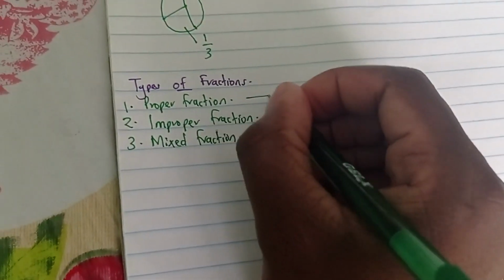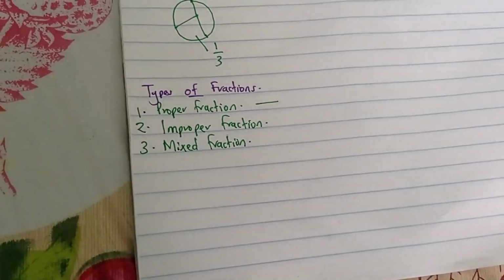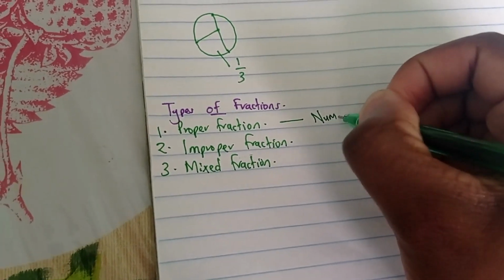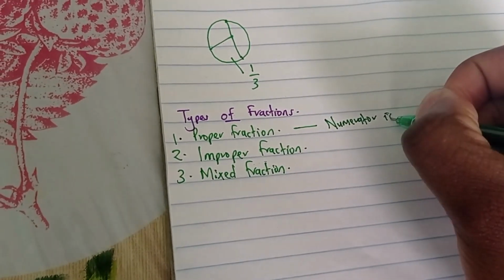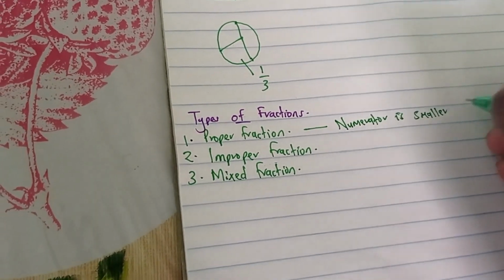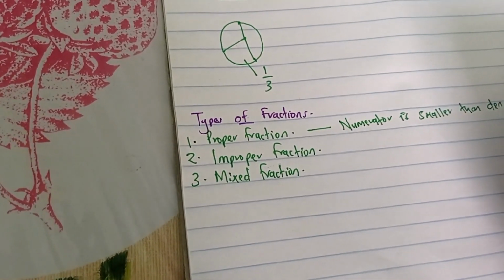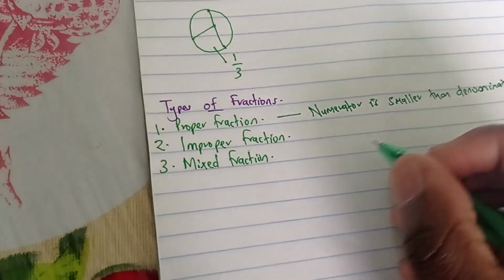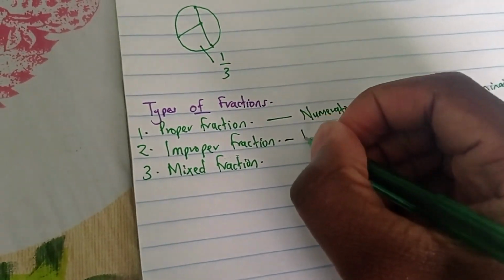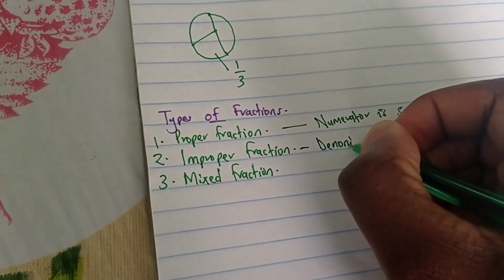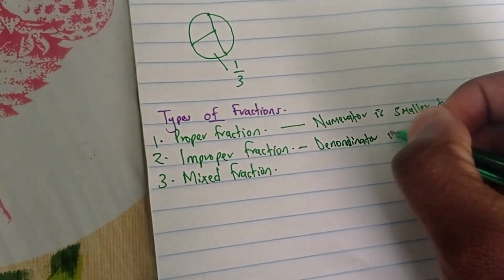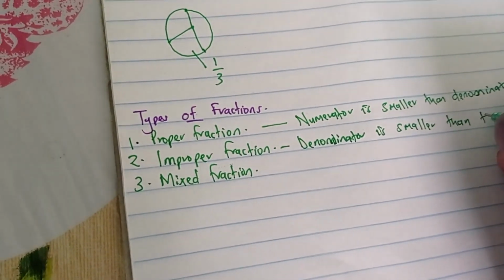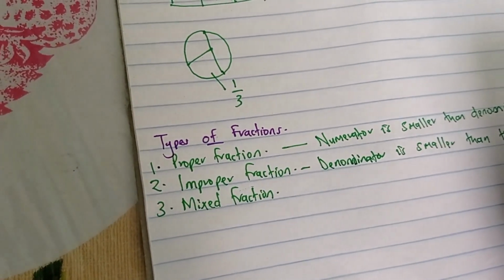With a proper fraction, it's a type of fraction in which the numerator is smaller than the denominator. An improper fraction is when the denominator is smaller than the numerator.